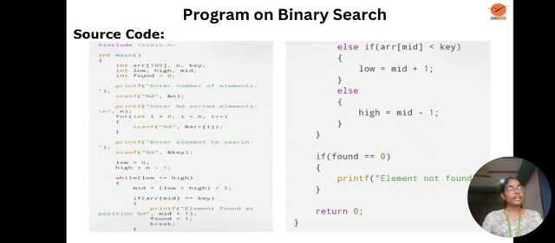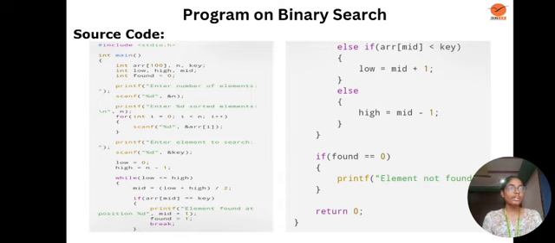As we discussed the three conditions in the previous slide, that is the mid value is equal to key, or mid value is less than or greater than the key element. So it checks the first condition, array mid equals to key. If it is correct, then it satisfies that condition, and it returns element found at position.